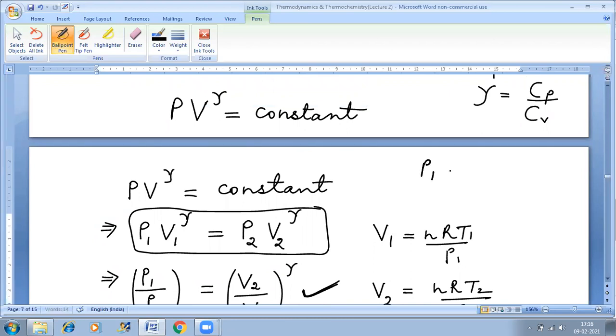Or I can say P1 is equal to nRT1 upon V1 as per the ideal gas equation, and P2 is equal to nRT2 upon V2.